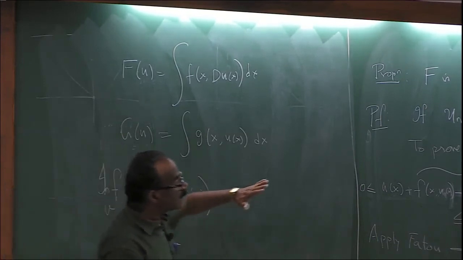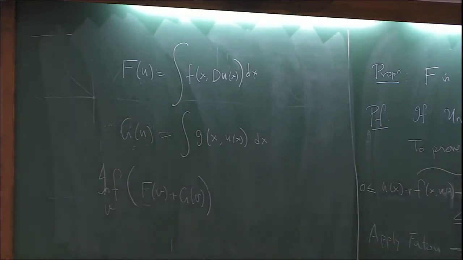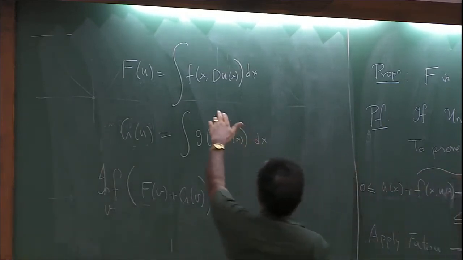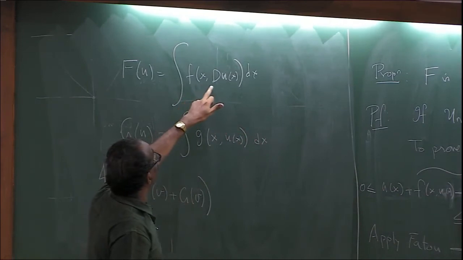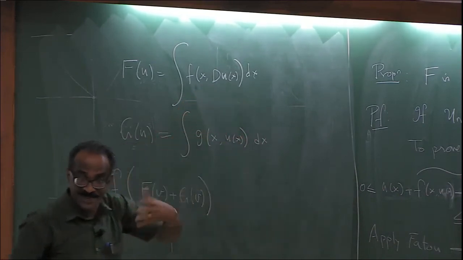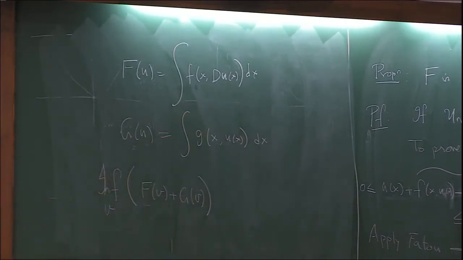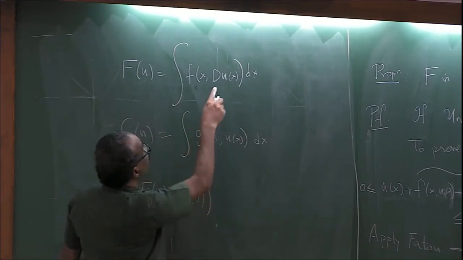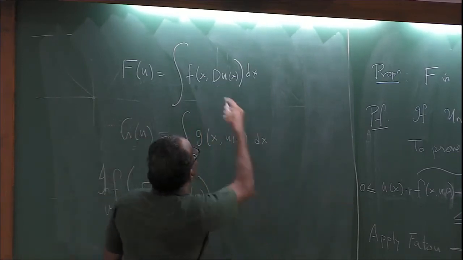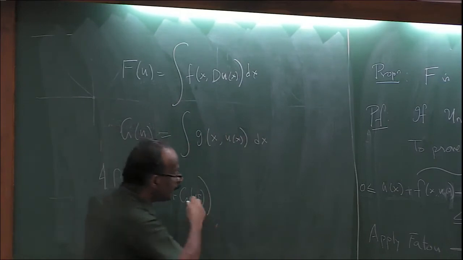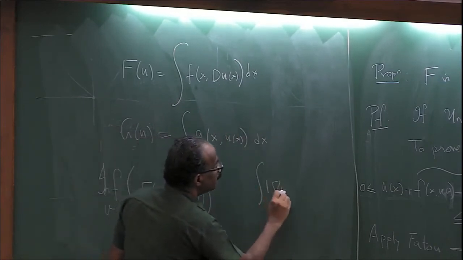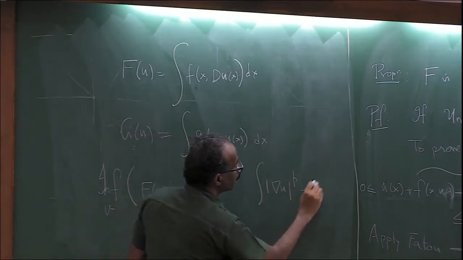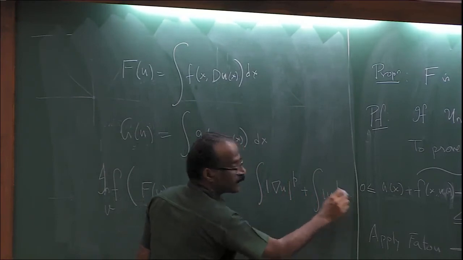So you will see this includes a lot of general things with, for example, a of x, Du of x, which you have seen already, that kind of quasi-linear operators. It also involves the p-Laplacian. For example, if you take f of u equal to the integral of gradient u to the power p, this also includes the minimization problem corresponding to this type of functions.